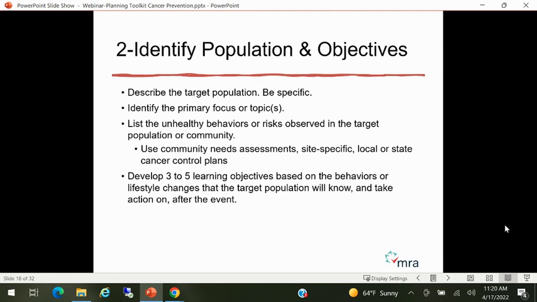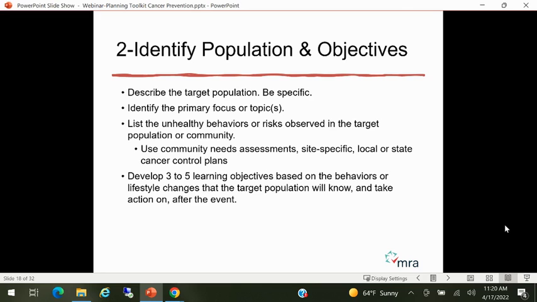So step number 2, identify the population and the objectives. Describe the target population, and you want to be specific here. So it's not just enough to say that you're going to invite the community to your prevention event. You want to know who in the community, their gender, their age range, their ethnicity. It may be limited to your marketing demographic or catchment area.